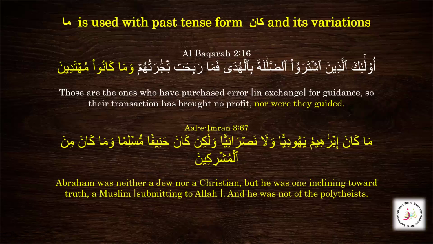We have learned this, but you can take it as harf of atf, wow, and lakin is harf istidrak. So again, it is giving some additional information. So Ibrahim was not Yahudi and Nasara, but instead, what is he? Kana Hanifan Musliman. Again, we have this Kana structure.